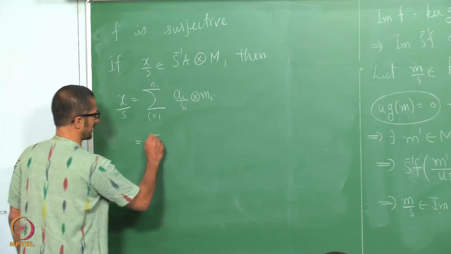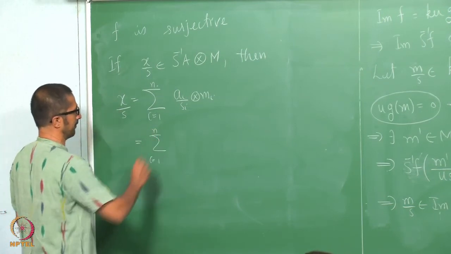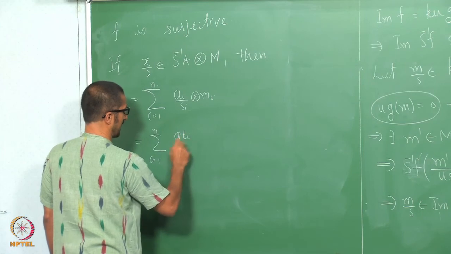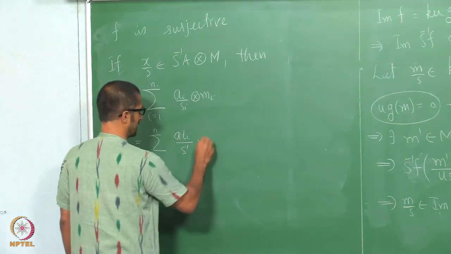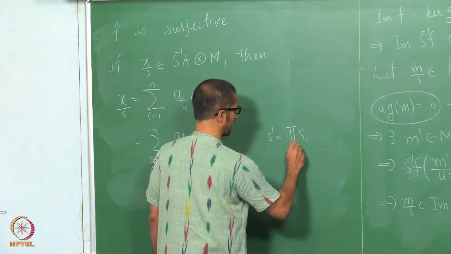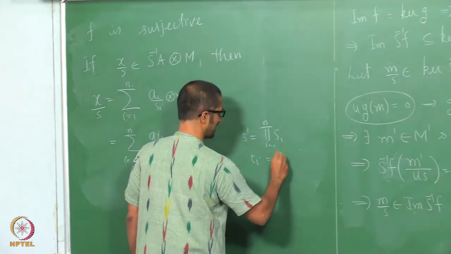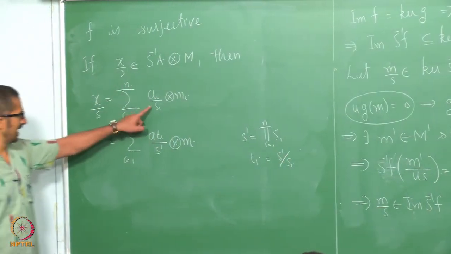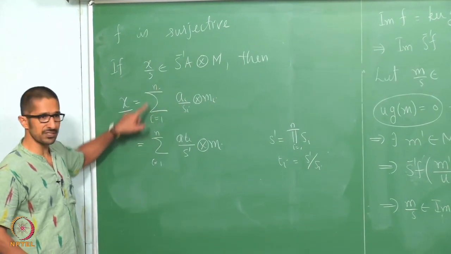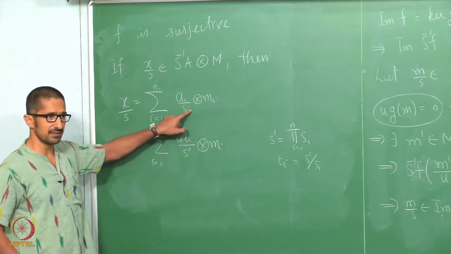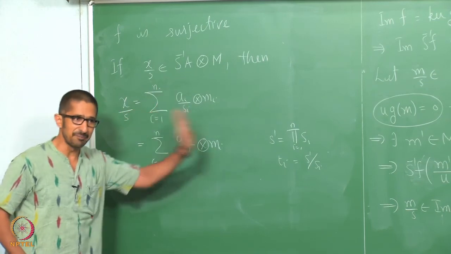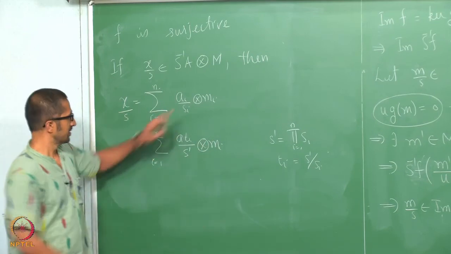Now, if I look at this localization, AI by SI is the same as AI TI by S prime tensor MI. Let me explain what S prime is. S prime is the product of SI, I from 1 to n, and TI is S prime by SI. I multiply both numerator and denominator by the remaining product of the SIs from S1 to Sn.